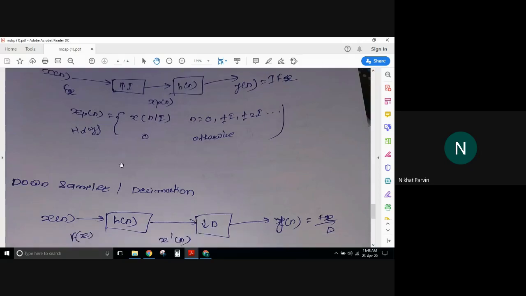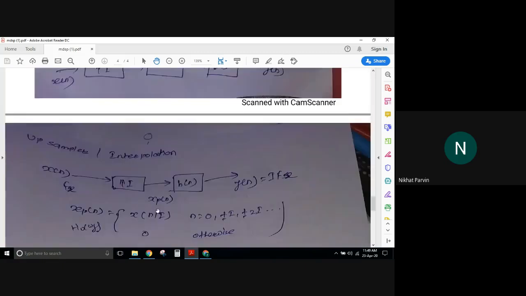In case of interpolation, the filter is used to avoid the imaging effects, the anti-imaging effect. In case of downsampling, you don't want aliasing effect at the output, so the filter's action is anti-aliasing. So these are the two main important things one has to remember.